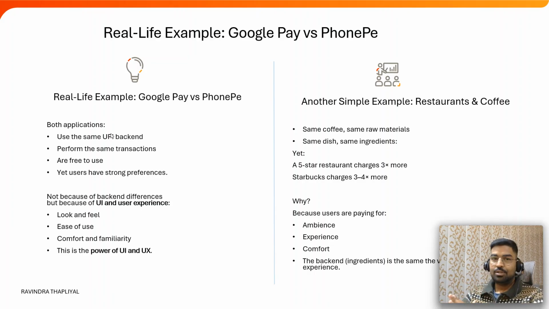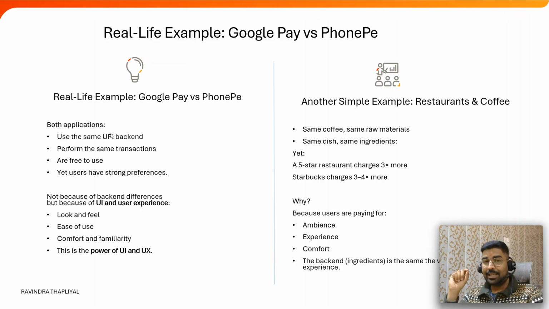But still some of the users are going with Google Pay, some are going with Phone Pay. Why is not everyone going with Google Pay? Why is not everyone going with Phone Pay? Because the decision at the time when we are installing and using an application is UI and UX. Some like the UI of Google Pay, while some like the UI of Phone Pay.